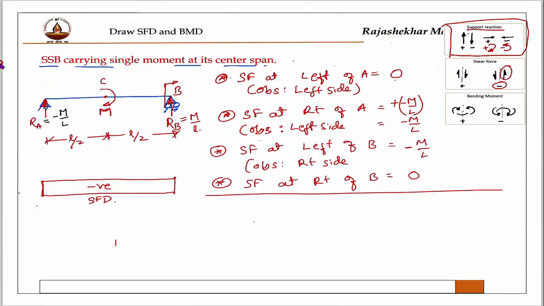Now bending moment at A, observations we will make from the left side, nothing is visible, therefore 0. Bending moment at left of C means this side, observations we will make from the left side.